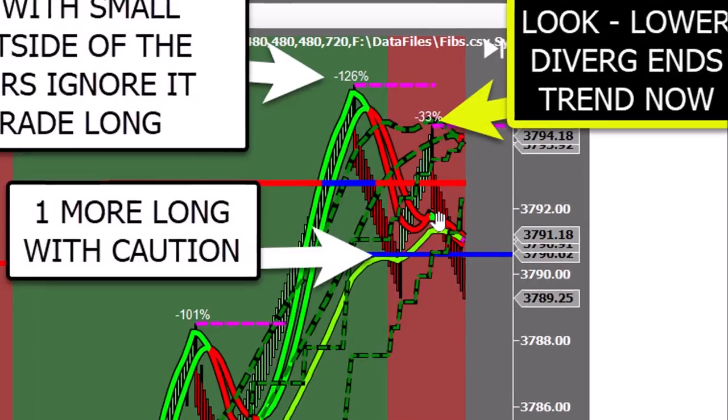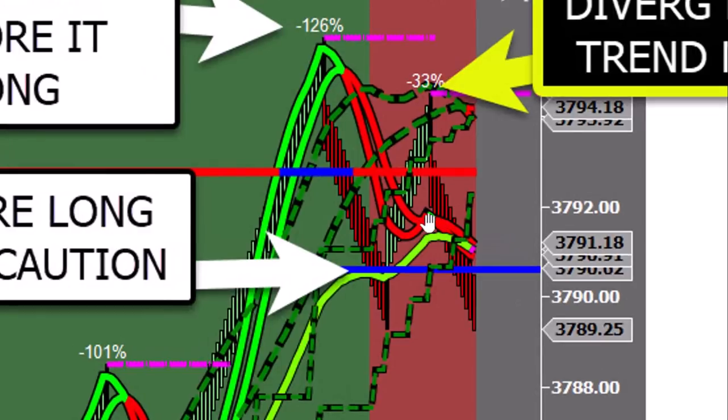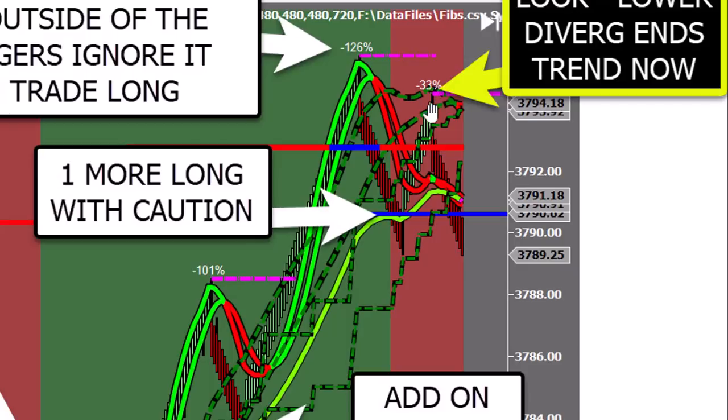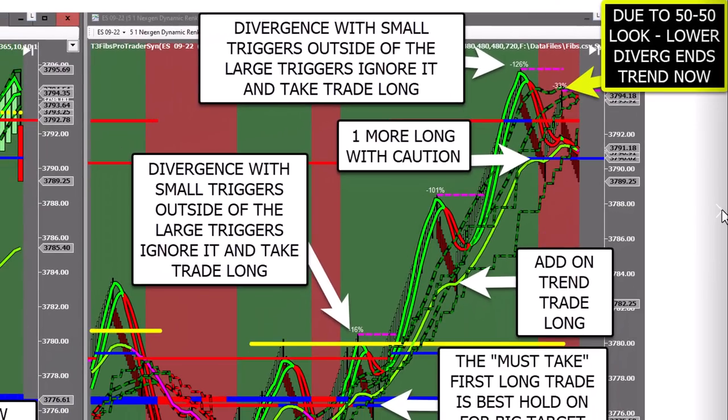Because the small triggers are inside the large triggers, not only that, the background color is red, you're going to know that if you make a new divergence after 2 bars down, you're going to be done with your long trade from over here. And you're not going to lose a bunch of money anymore because you're going to be prepared to defend your position very assertively. Maybe take a quicker target and then get to break even or plus. Right? You heard us say that a lot in class.